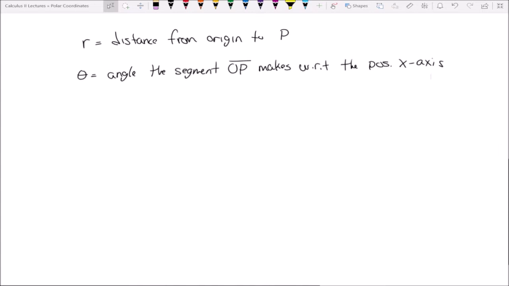So if we resketch that, there's our point P. That is distance r. There's our distance y, and there's a distance x.